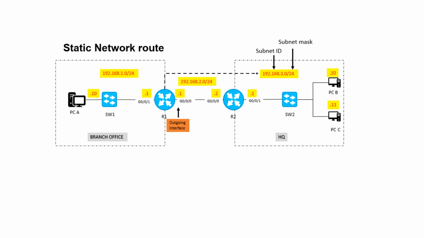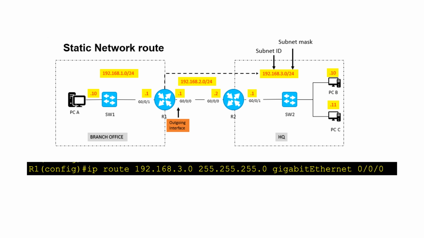The first one is by using the outgoing interface. Here I have used the global configuration command ip route, where I have the subnet ID and its mask, and the outgoing interface, which is 0/0/0.